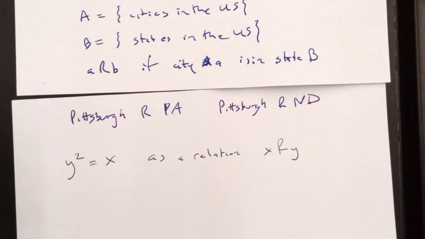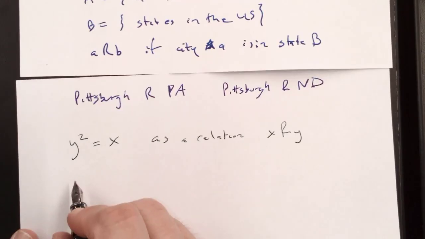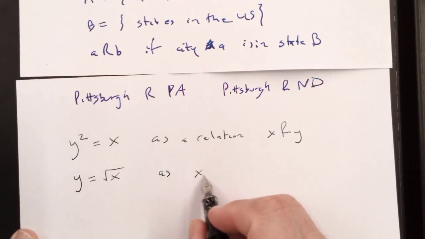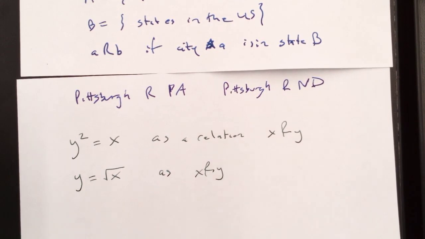Oops. What if X is -3? Oh, crap. So I'm going to have to be a little more specific. This is a relation. It's not a function. On the other hand, if I write this, well, then the only time that right-hand side is defined is when X is bigger than or equal to 0.